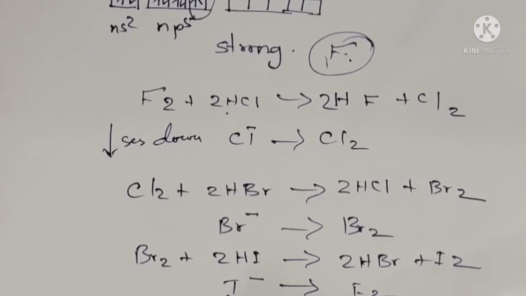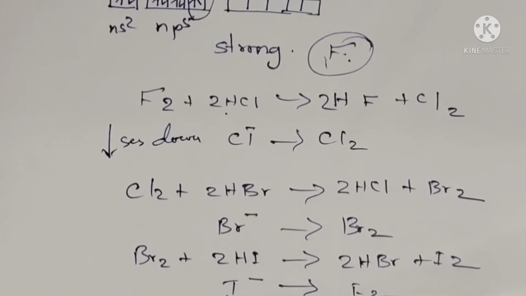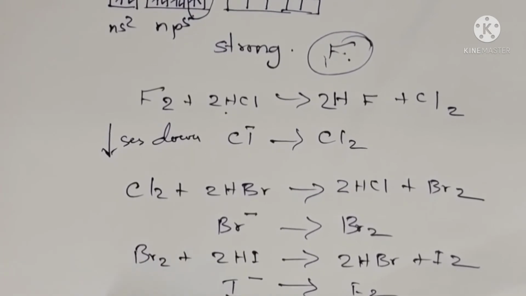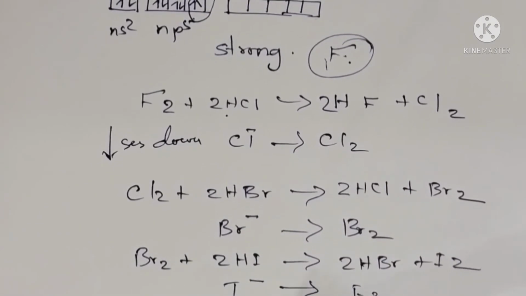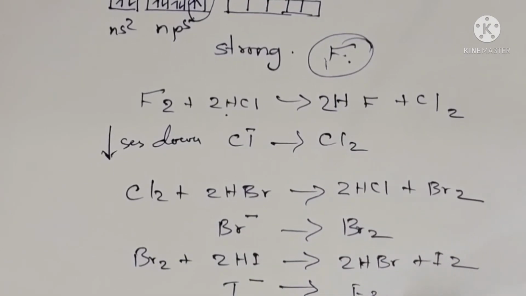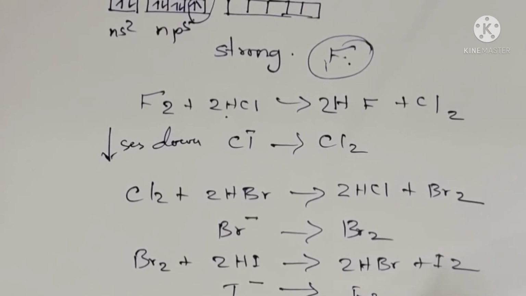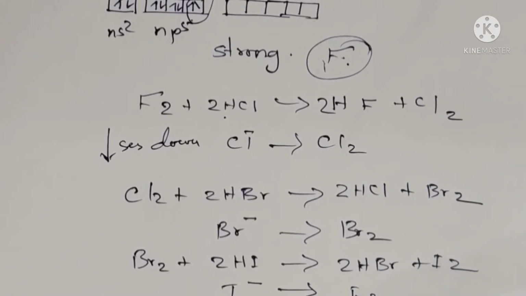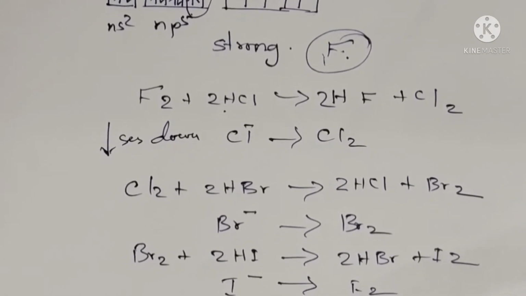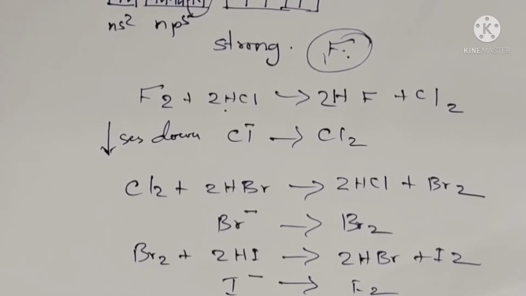In general, we are telling a halogen oxidizes a halide ion of higher atomic number.